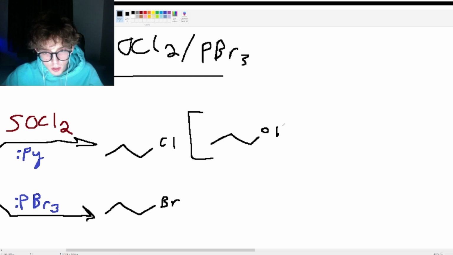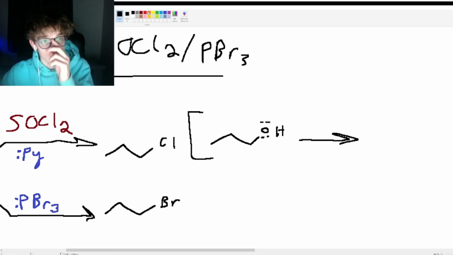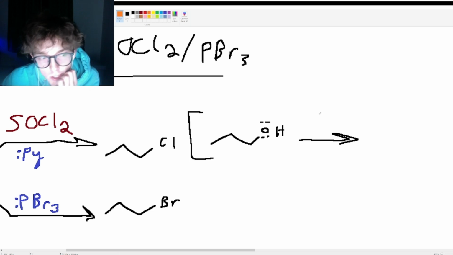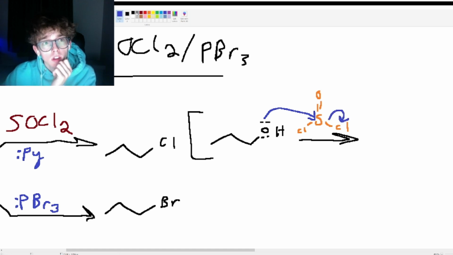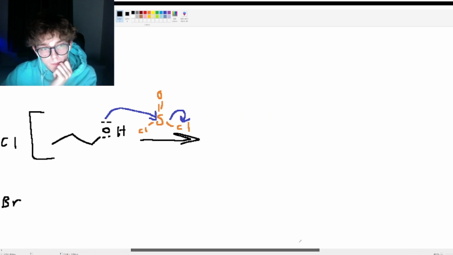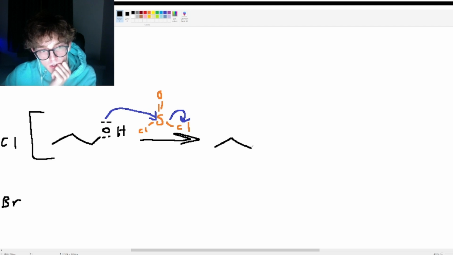Okay, so it's not too terrible of a mechanism. It has some similarities to the last one that we just saw with the tosyls. So yeah, sulfur, double bonded to an oxygen, chlorine, chlorine. Basically that oxygen comes in and kicks off a chlorine. Quite simple here. Now we have this.